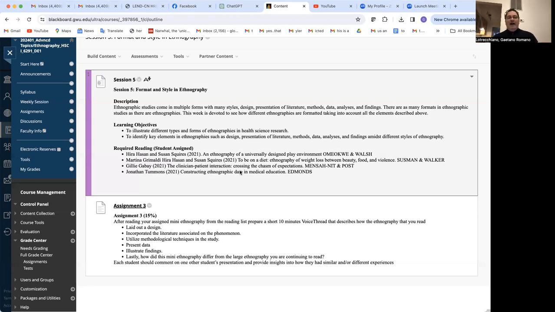In fact, in other fields that use the ethnographic method much more readily, like anthropology and the social sciences, even art and music, the formatting is totally unique, and one ethnography is a unique type of document. So that's why I'm having you look at these short ones.